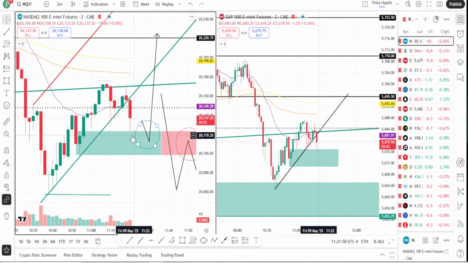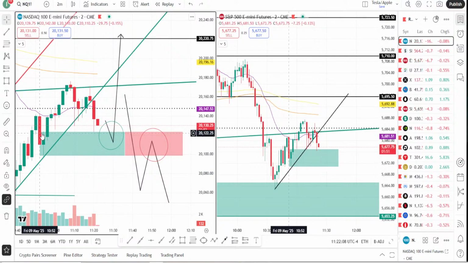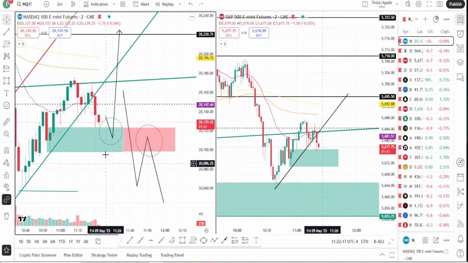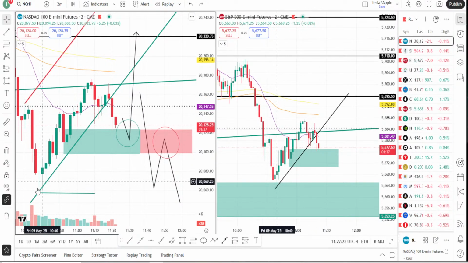Okay, we kind of tapped into it. We can already see, right? We can already see buyers starting to fill orders here. So this is why I wouldn't sell this break of this trend line here.